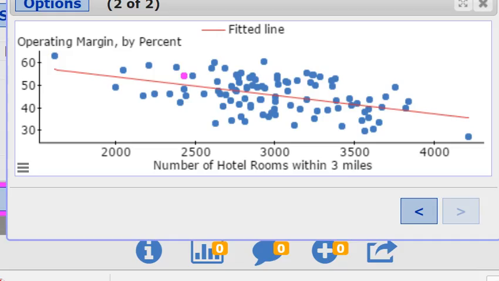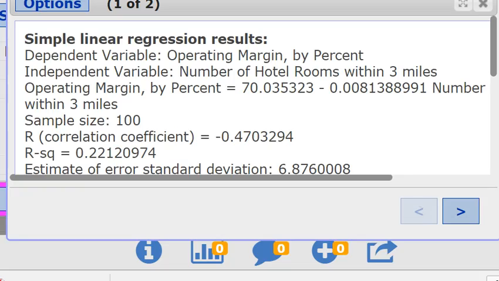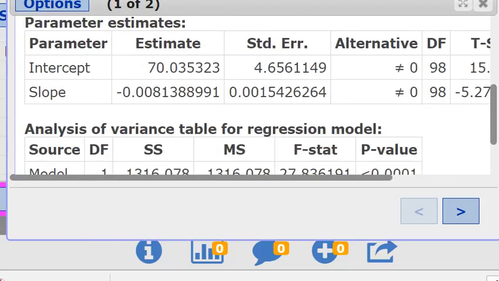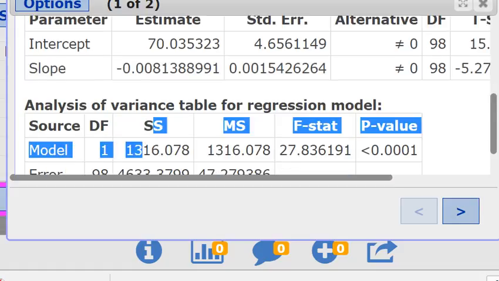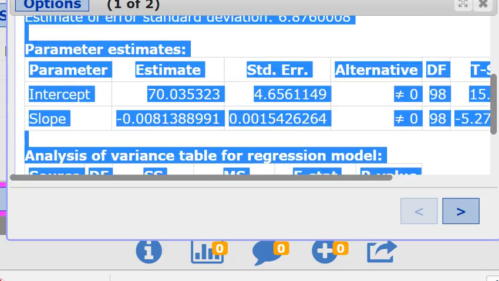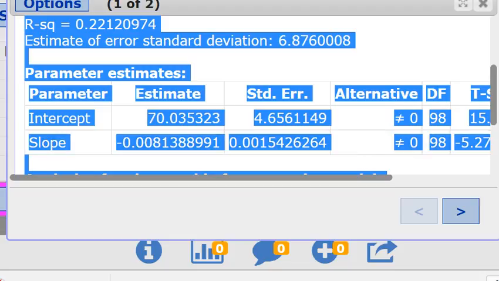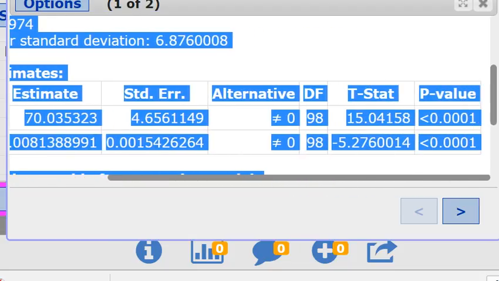The regression results said, if we come down and look at the slope, this parameter estimate says slope right there. The p-value for the slope is less than 0.0001.